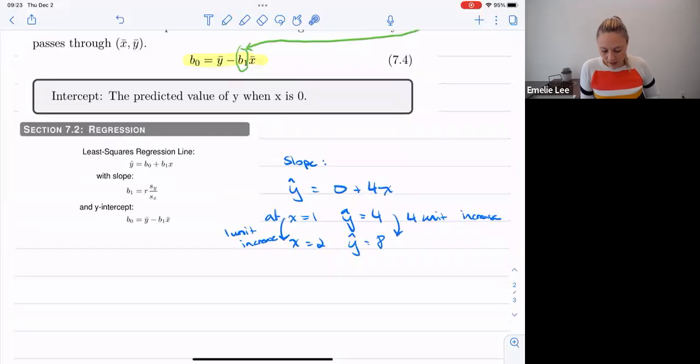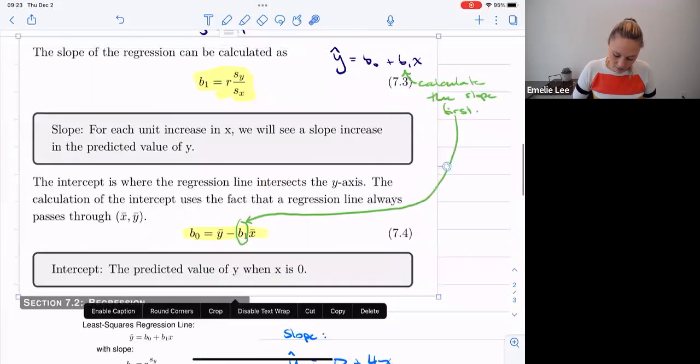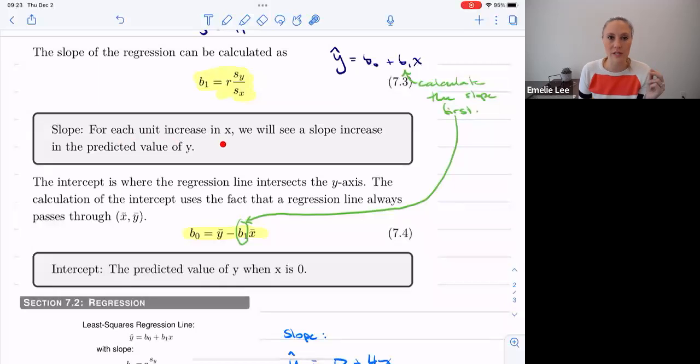So you can really rely on the setup of the formula, or the model, to help you with the interpretations. So for each unit increase in x, we'll see a slope increase in the predicted value of y.